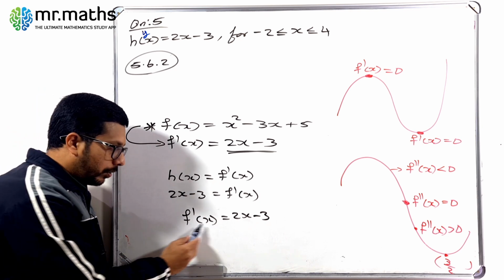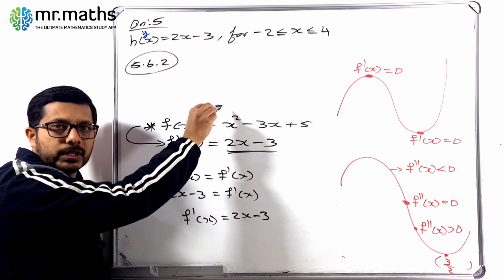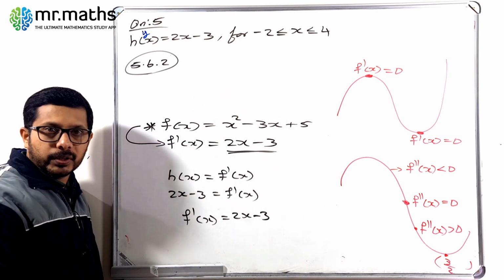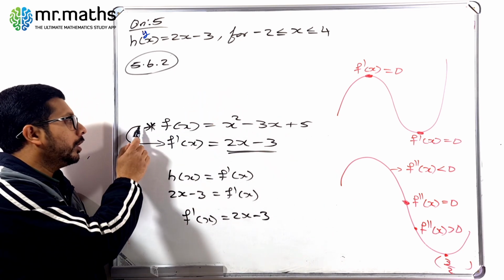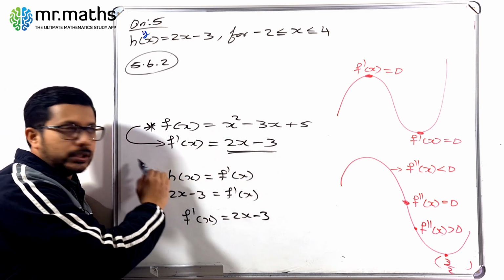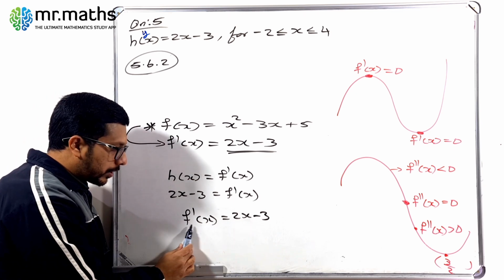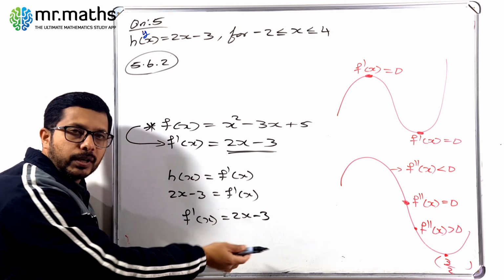Listen once more: if you differentiate a quadratic function, you get a linear function. So here the first derivative is linear, so what is the original graph?